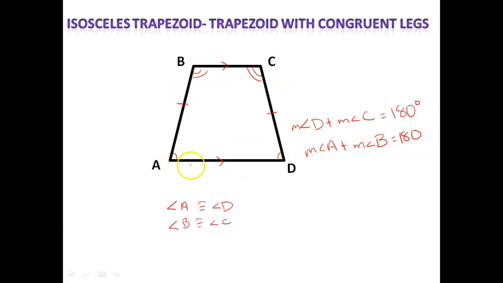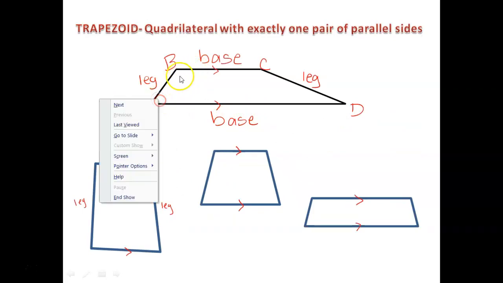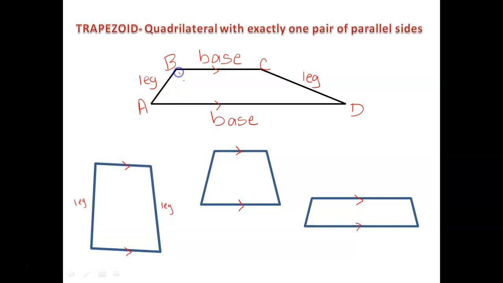But if you notice, in an isosceles trapezoid, you either have congruent angles or you have supplementary angles, one or the other. If I go back and we look at these two angles, angle A here and then angle B here, angle A and B add up to equal 180 as well.